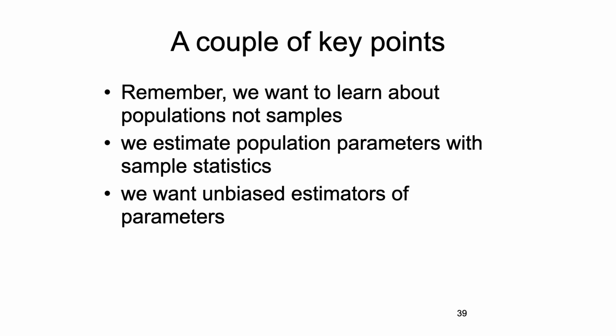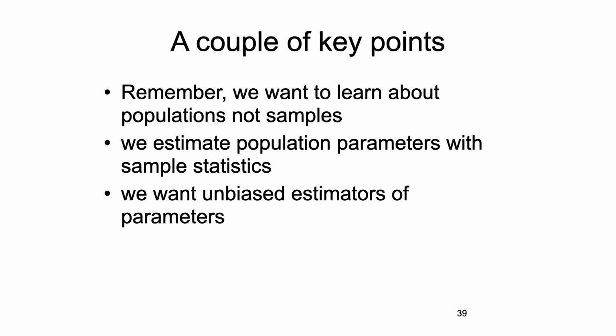We want unbiased estimators of parameters. And that's what happens when we have the standard deviation for the sample. It's a biased estimate if we divide by n. It's an unbiased estimate if we divide by n minus 1. An unbiased estimate is still an estimate. But an unbiased estimate is wrong in one direction as much as it's wrong in the other direction.